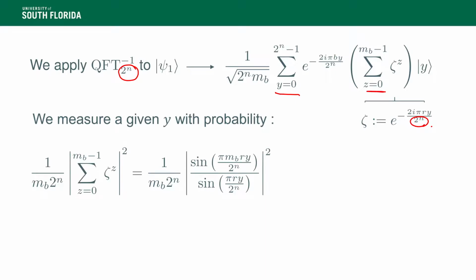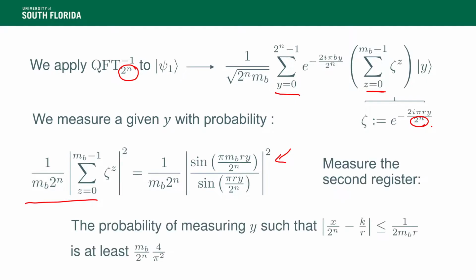Now, what is the probability of measuring a given y? Well, it's exactly this number, which we can rewrite. These are the sums of the terms of a geometric series. So we have 1 over zeta to the M_b divided by 1 minus zeta, and then you can factor by the appropriate values to obtain the expression with respect to sines.